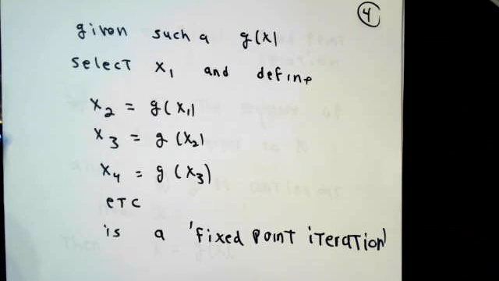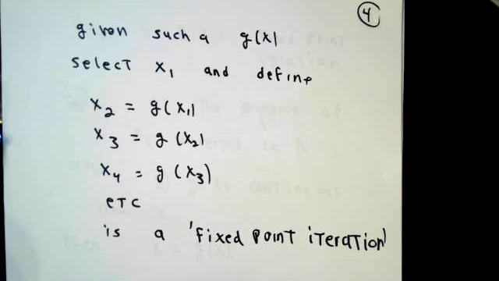So given a function g that has some fixed points, select some number x1 and define x2, x3, x4, and so on in terms of function values for g at the previous x.